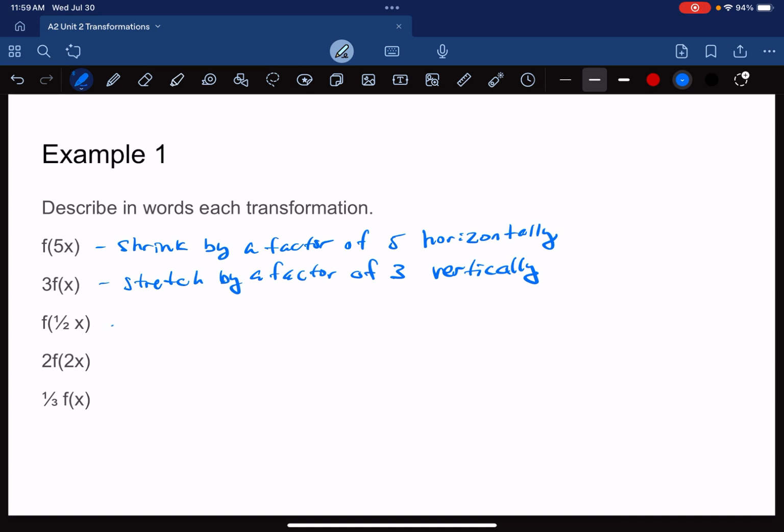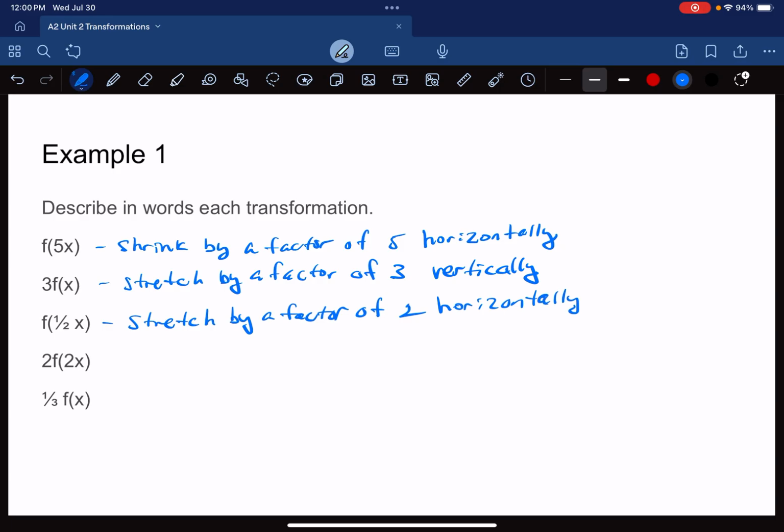Next one, f of 1/2 x. You would think that this would shrink, but being on x, it's going to stretch by a factor of 2, taking the reciprocal of 1/2, and it's going to be horizontal.